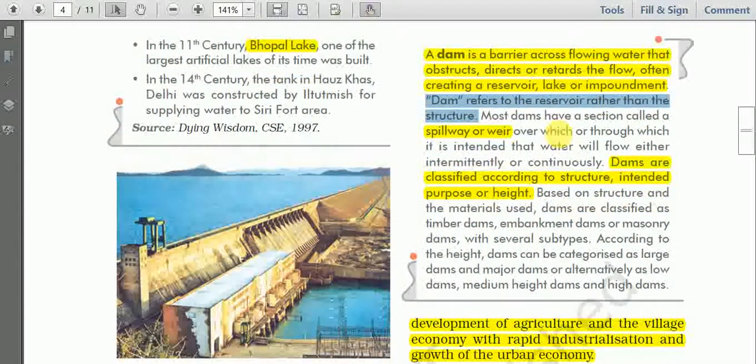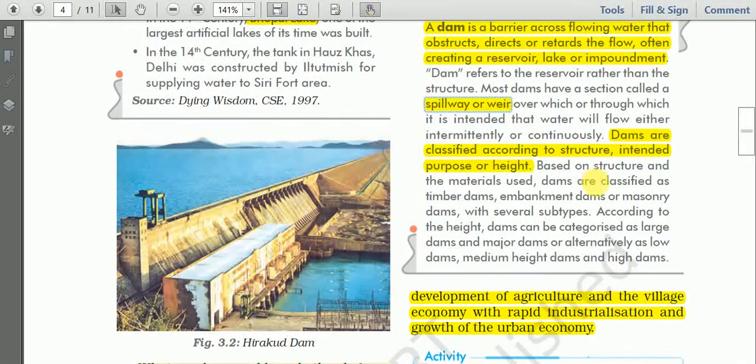Most dams have a section called a spillway, over which or through which it is intended that water will flow either intermittently or continuously. Just to control the flow of water, we have a section in a dam called a spillway or weir.